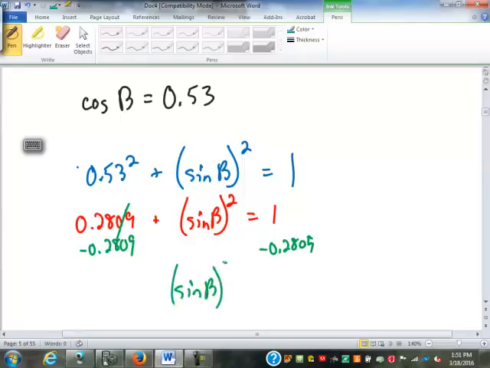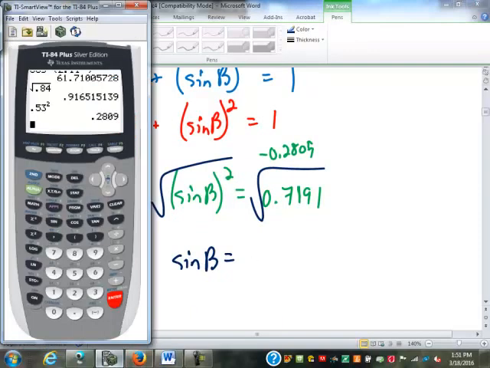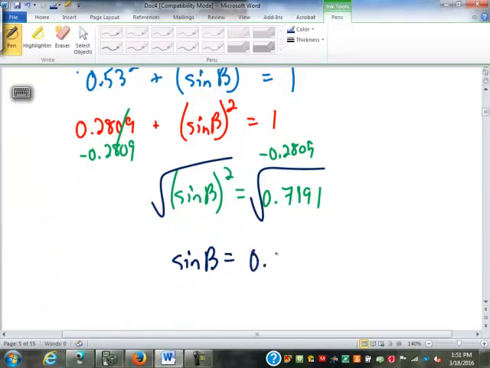So sine of B squared equals 0.7191. And then we square root. Sine of B is the square root of 0.7191, which is 0.848.